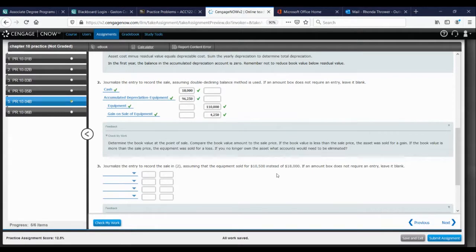So what if we sold the asset for $10,500? We would have received cash, so my cash would be debited $10,500.